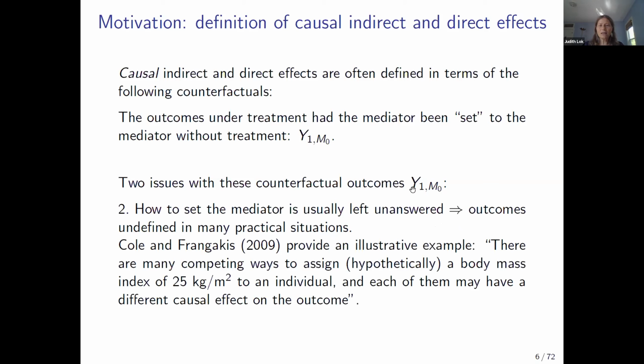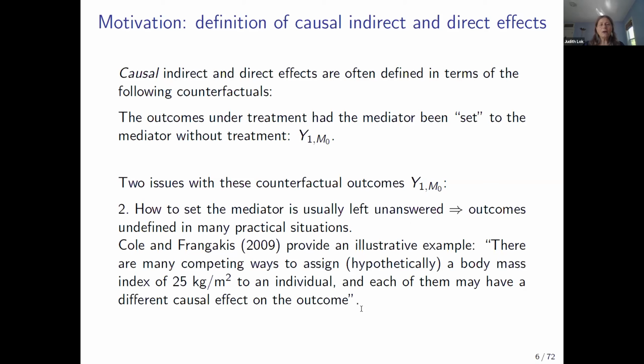The second one has been bothering me a bit more. How to set the mediator is usually left unanswered, and that means that sometimes these outcomes are undefined in practical situations. Cole and Frangakis in 2009 provided an illustrative example.